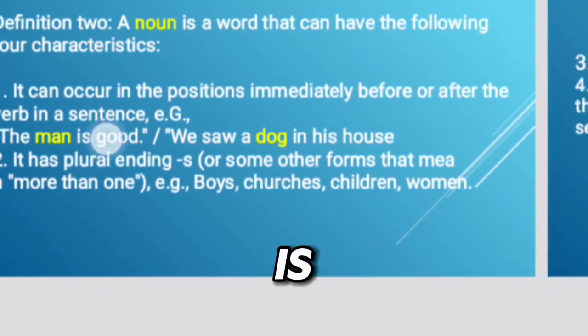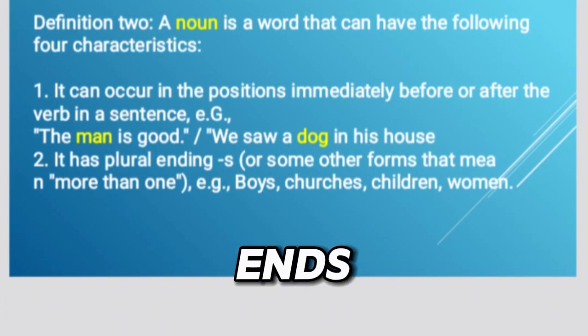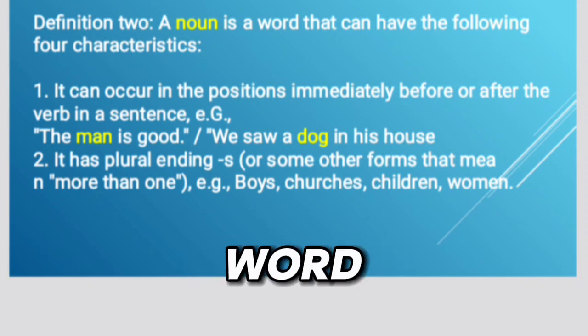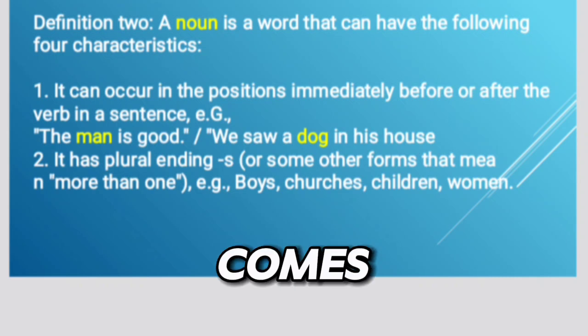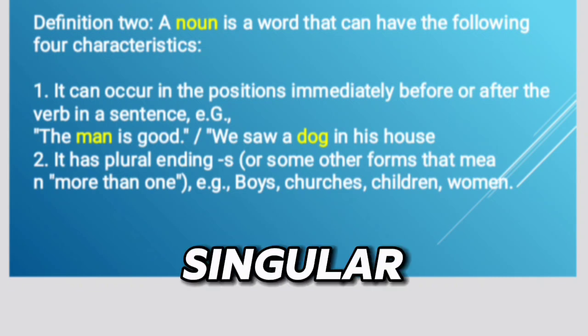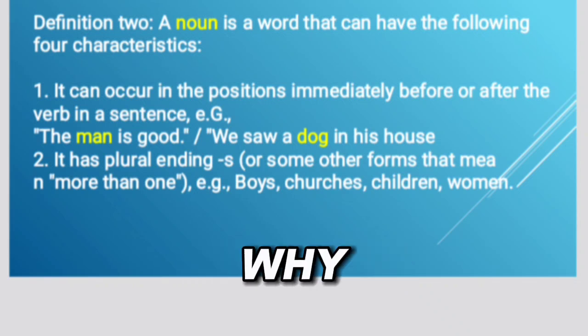Then the second one is a noun has plural endings. You know that for verbs, it is the singular verb that has s or ies, like comes is singular, while come is plural. Goes is singular, while go is plural.